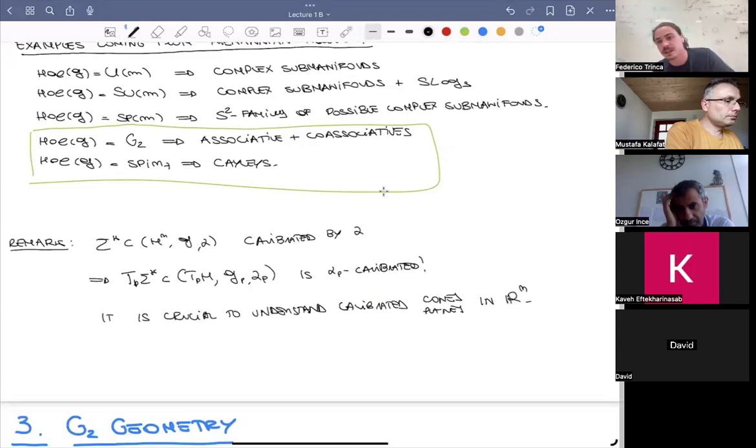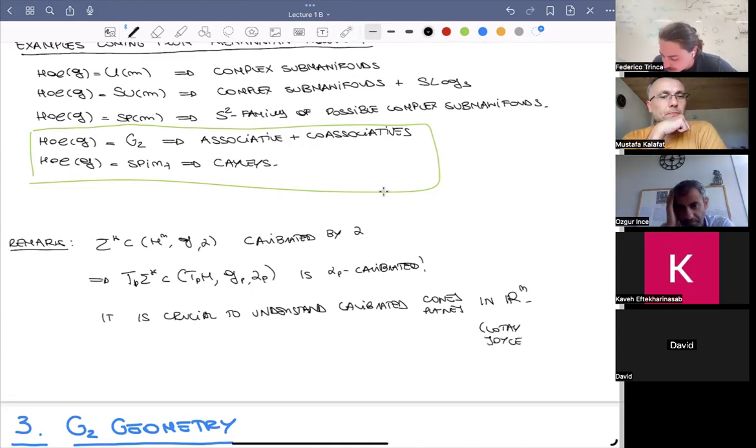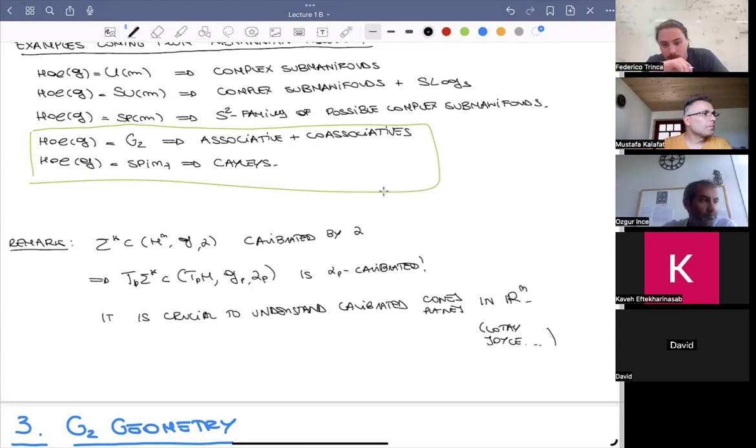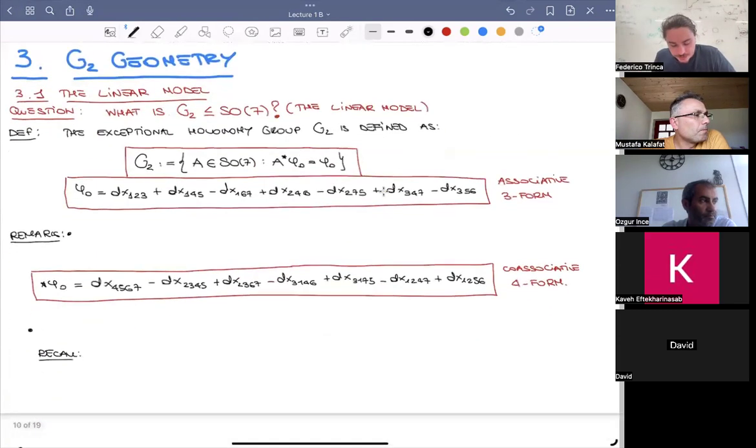And there are indeed many results and interesting papers on this topic, for instance, by Jason Lotay, Joyce, and many others. Okay. Let me now turn my attention to G2 geometry, unless there are other questions about calibrated manifolds in general.